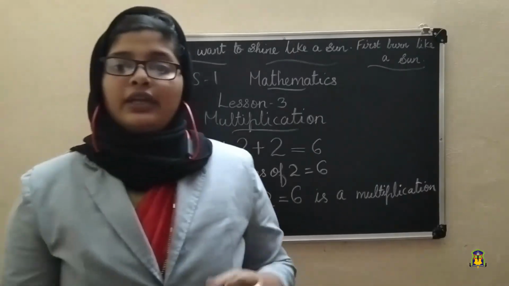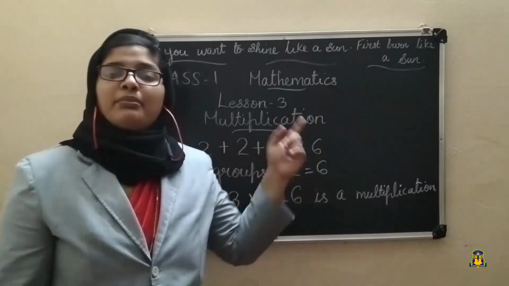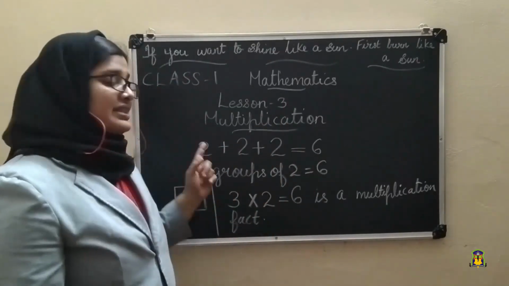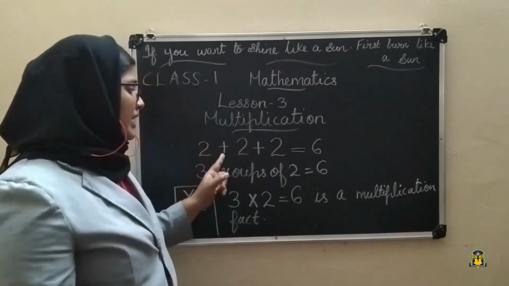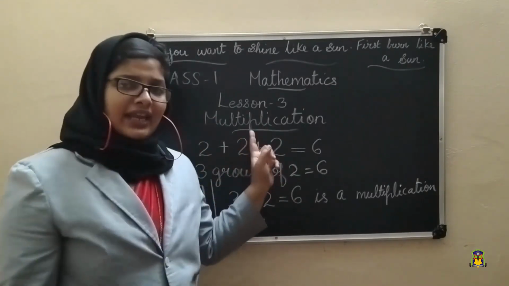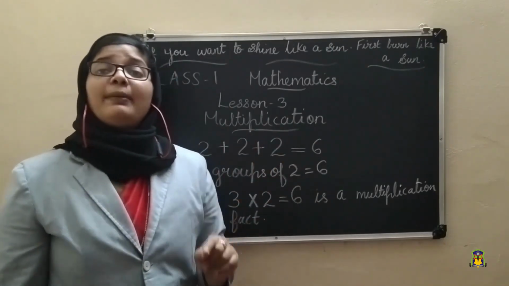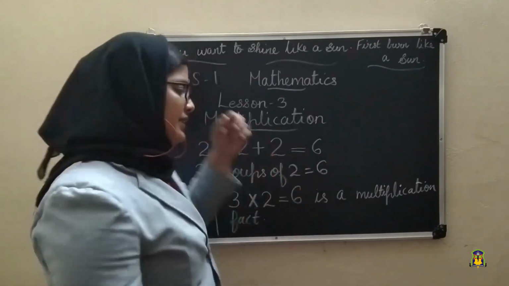Here we are adding the same number again and again. That means 2 plus 2 plus 2. Again and again the same number is added. That is called repeated addition.